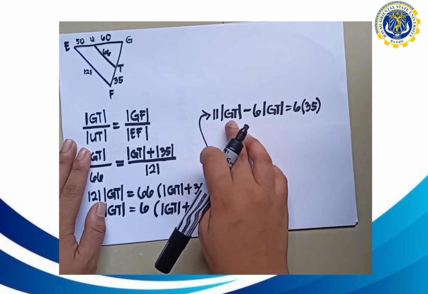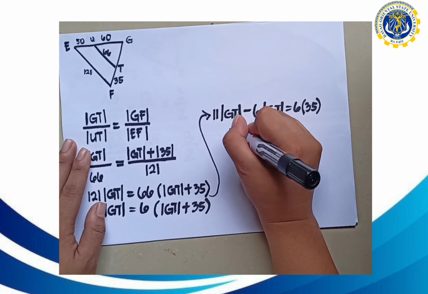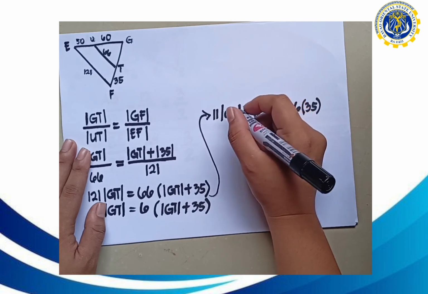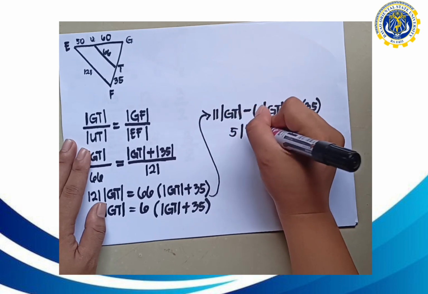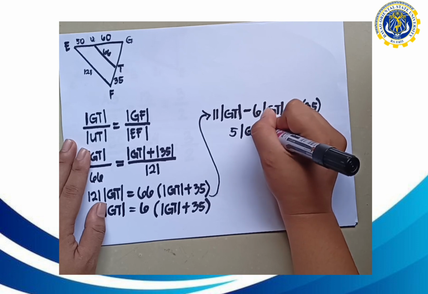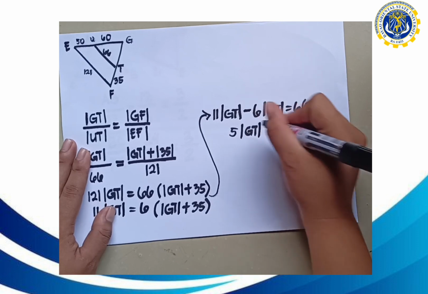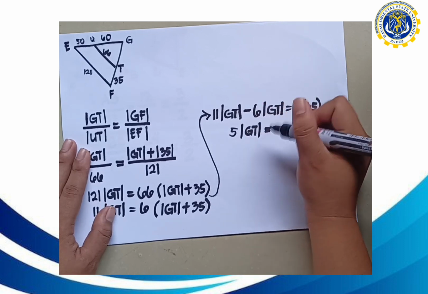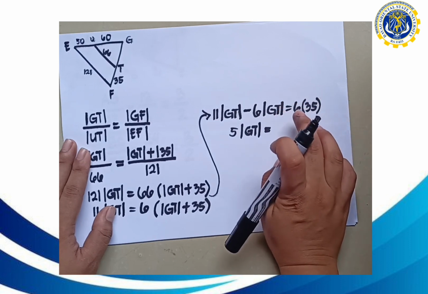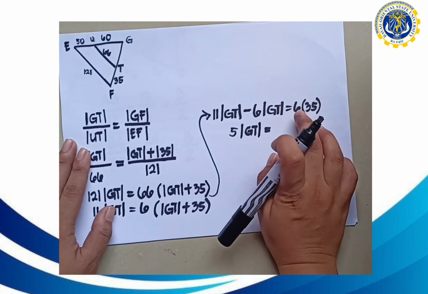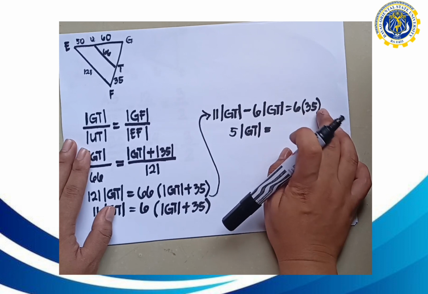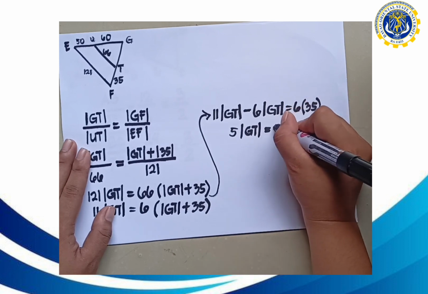We have 11 minus 6 is equal to 5, and copy again the unknown GT. Then multiply 6 times 35, which is 210.